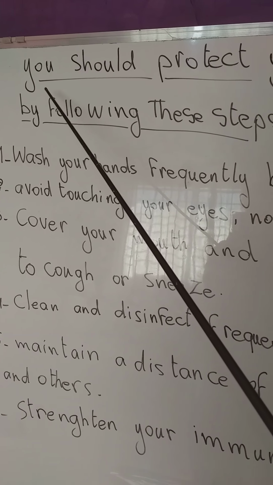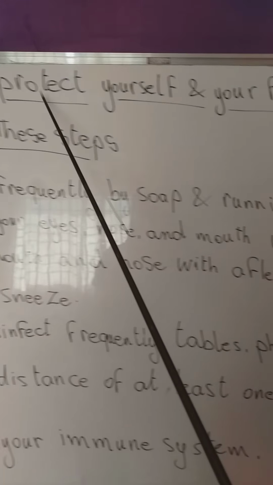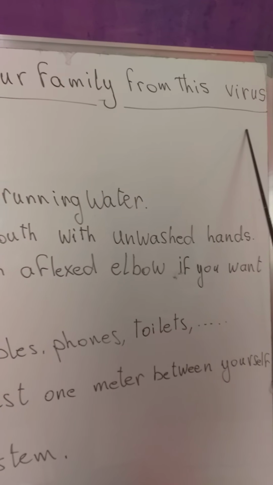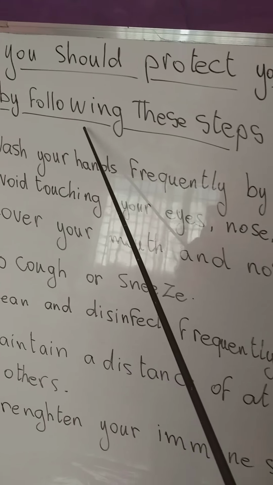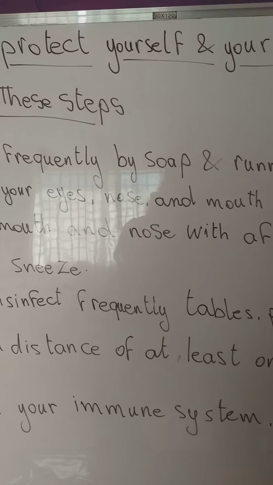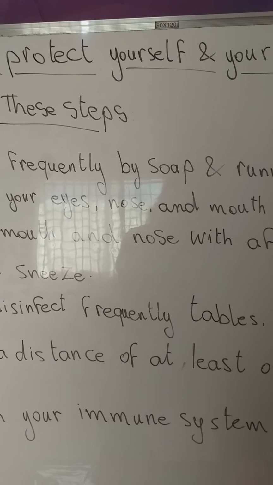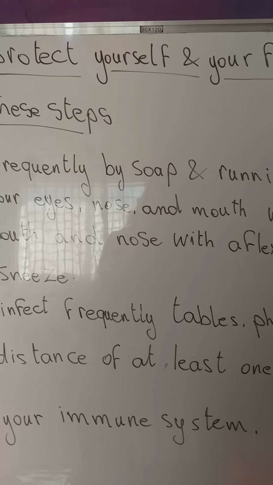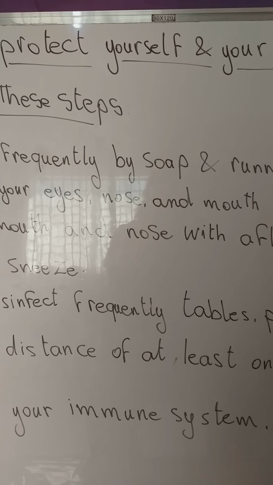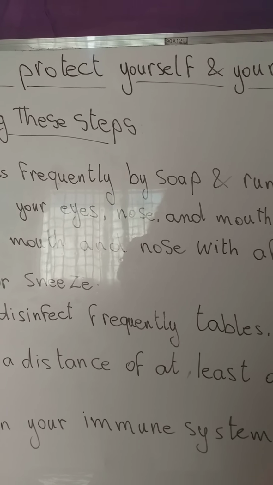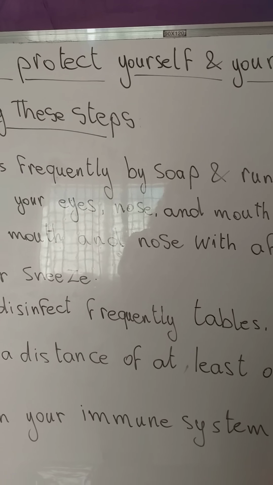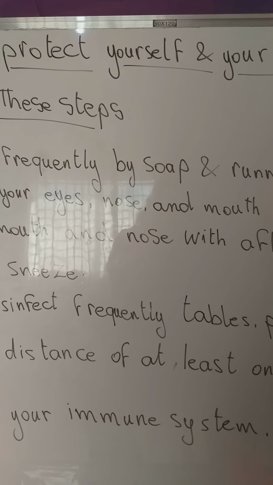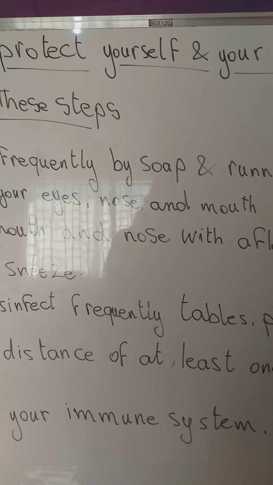Okay, so please follow me. You should protect yourself and your family from this virus, it refers to coronavirus, by following these steps. And as the proverb says, prevention is better than cure. So it's better to try to keep this virus far from you. My students asked me yesterday a question. Who is most at risk from this disease?